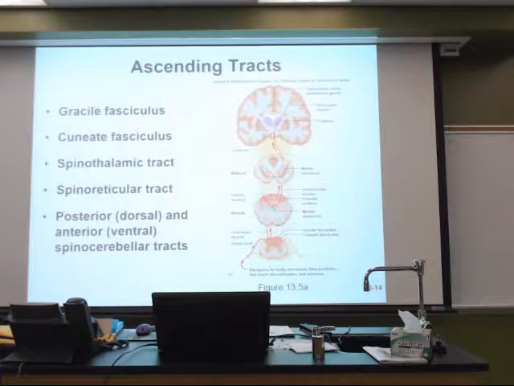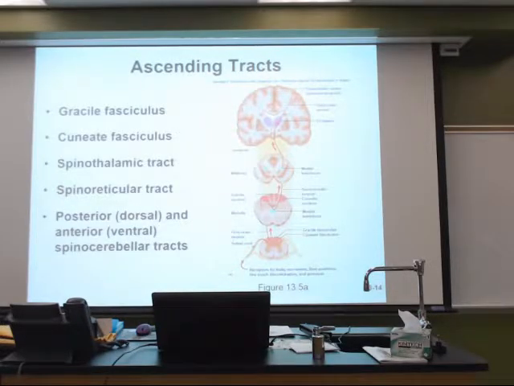The name of the ascending tract, for example, spinothalamic. What was one of the areas for one of those neurons? The thalamus. Thalamus, for example, was the third order neuron.